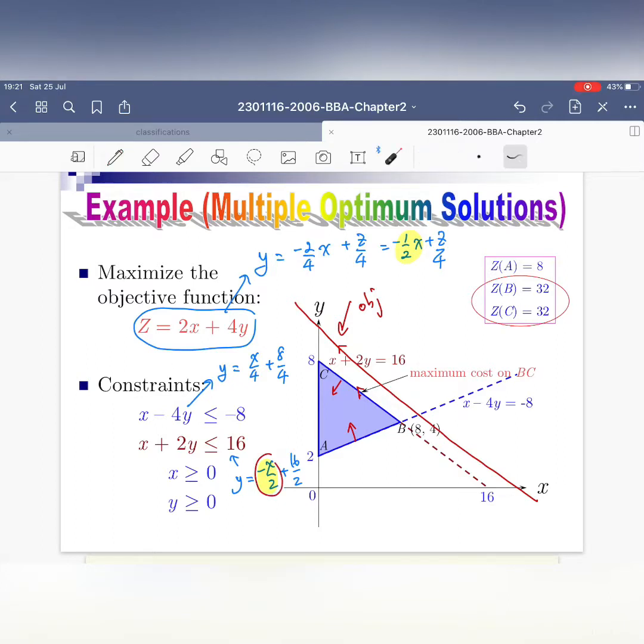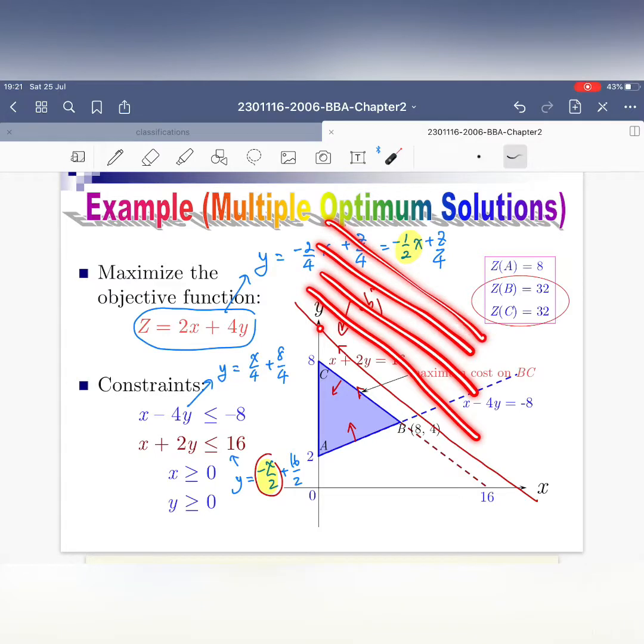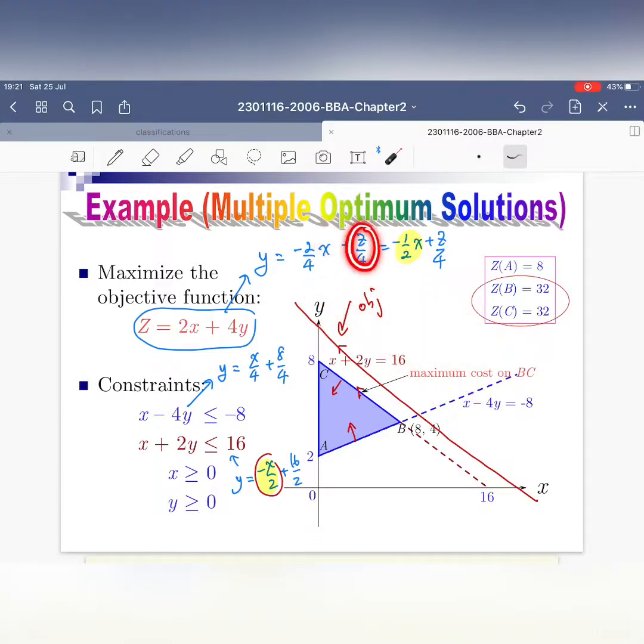So if you need to maximize, as you move it up, it will get more and more, right? Because you are looking for the maximum, it can get higher and higher values. However, you cannot use the one higher above because the feasible region is right here.